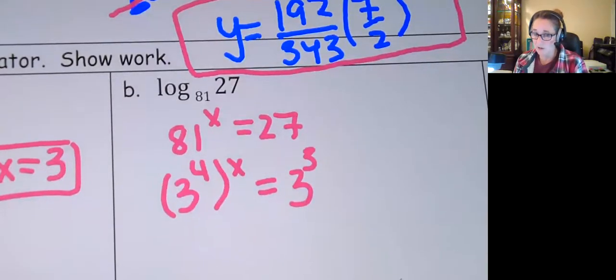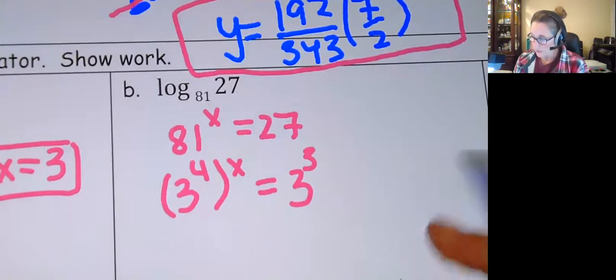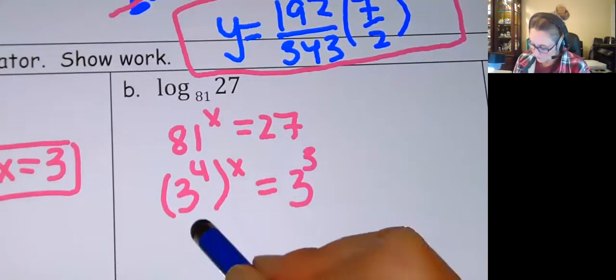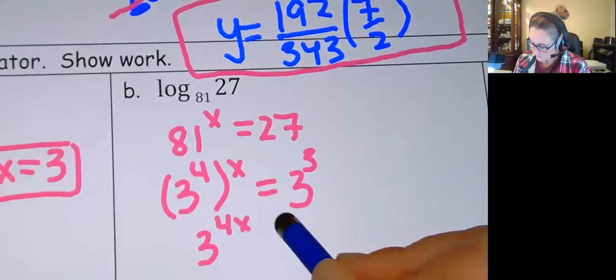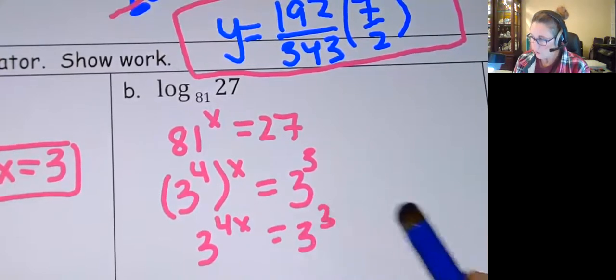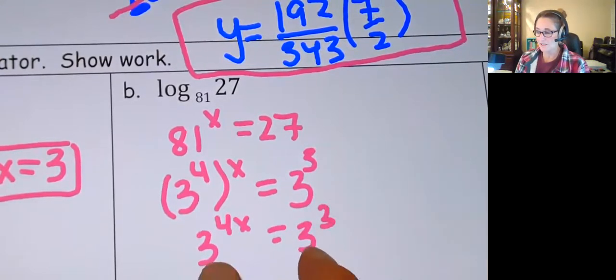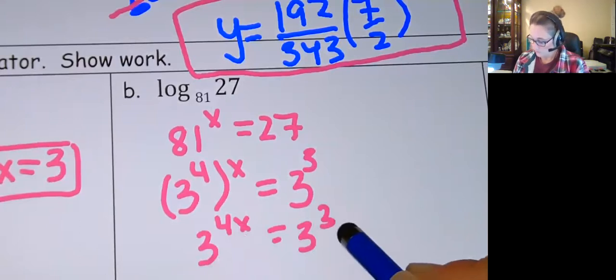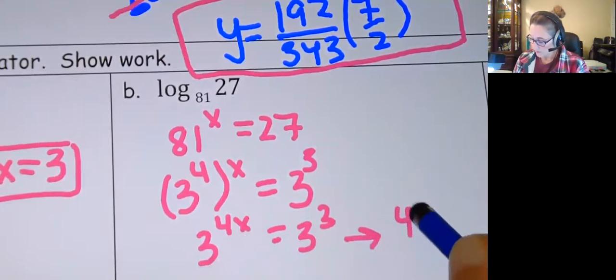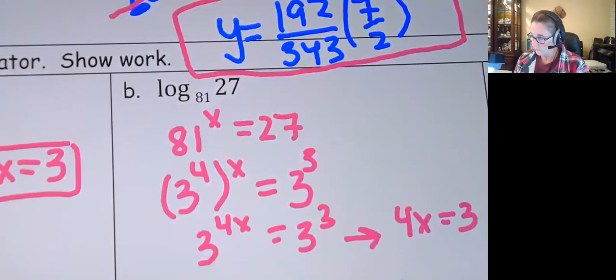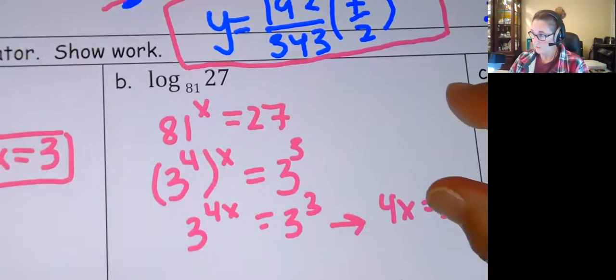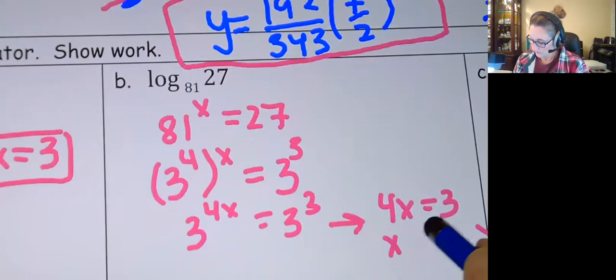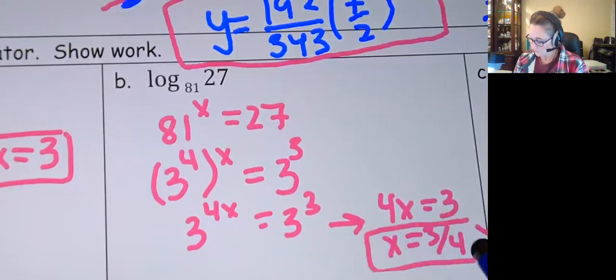It just makes the math a lot easier. Now, power to power, I multiply, so it's going to be 3 to the 4x is equal to 3 to the 3rd. When I have the bases the same, 3 to something equals 3 to something, these two exponents have to equal each other. So that means that 4x is going to equal 3, and so x is going to be 3/4. That's my answer.